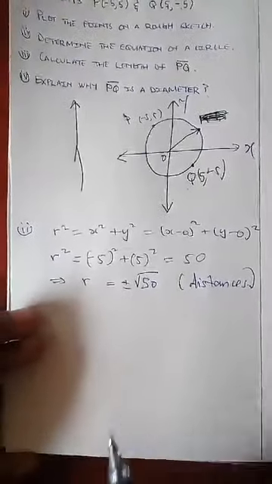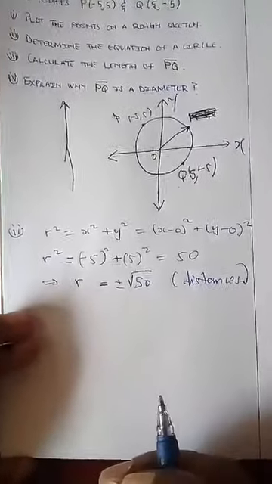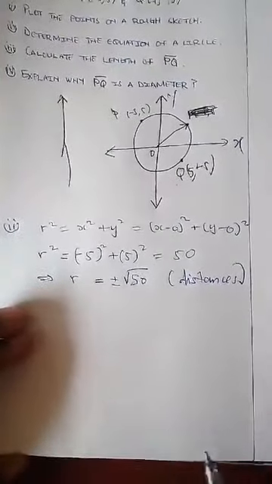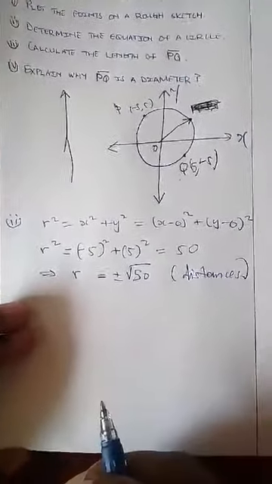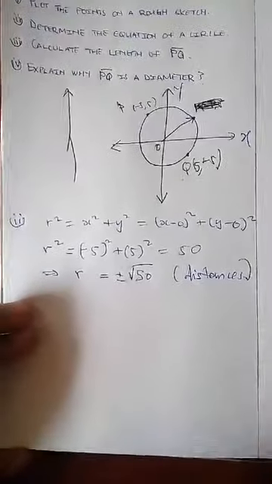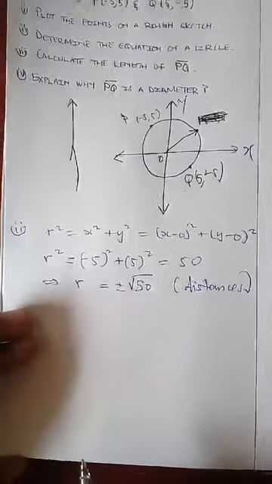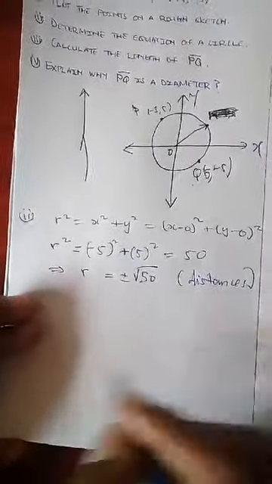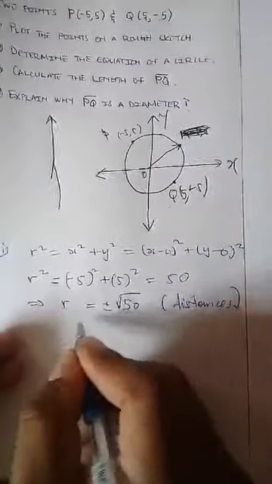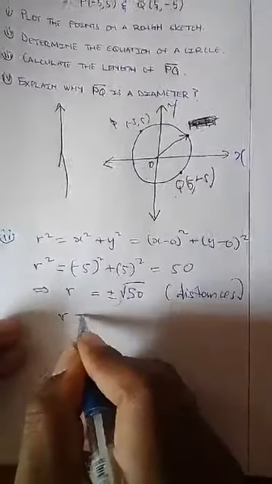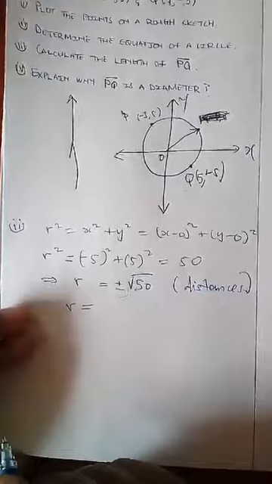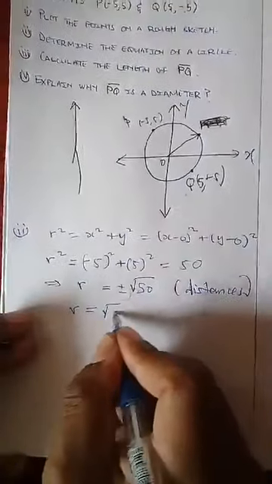Distances are always given in positive values, unless you specify. If you want to give a different direction, you specify that it was 4 kilometers from Orlando to Maponya, or from Maponya to Orlando. That's the point I'm making here, that since this is a radius, we don't have to consider a negative, so we consider the positive root, and so r is the root of 50.